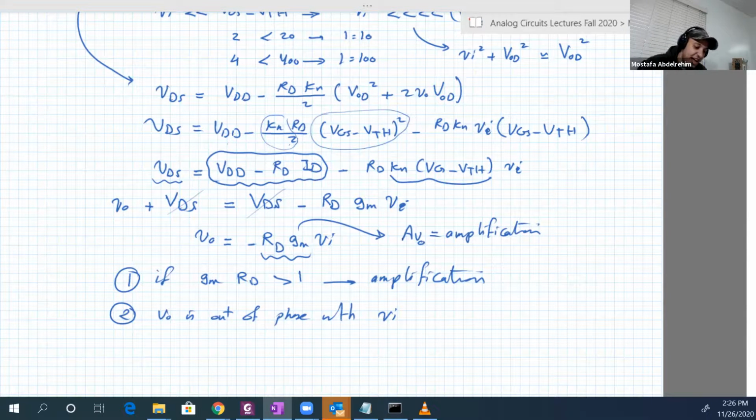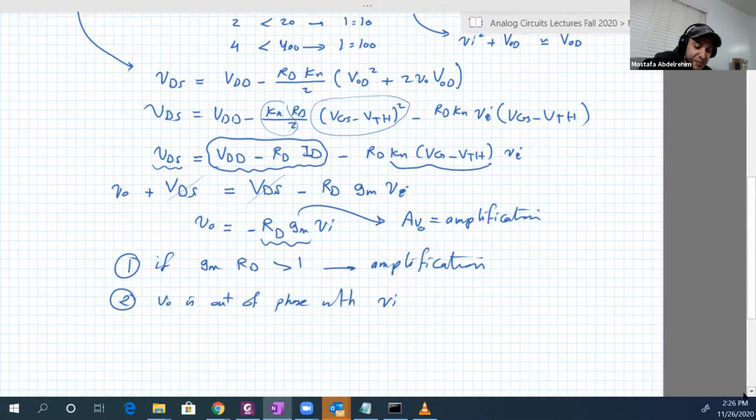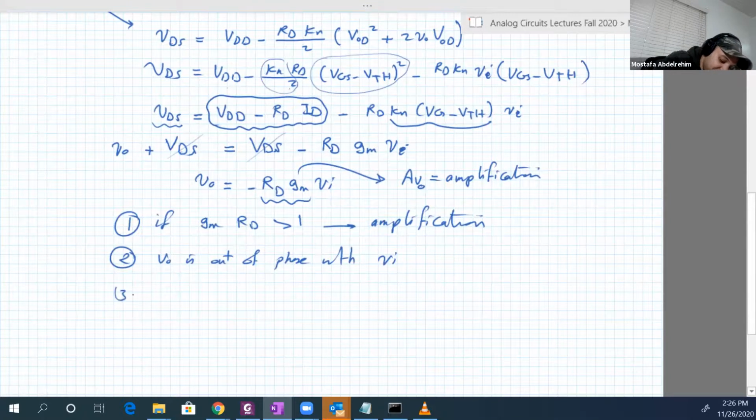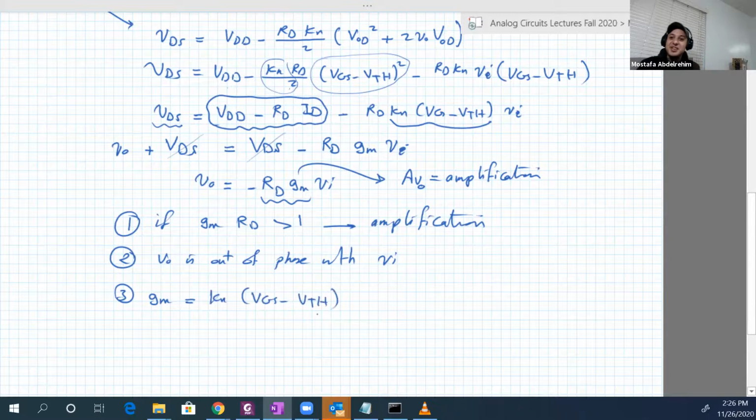Okay. And now this mysterious term, GM, which is equal to Kn (VGS minus V threshold). This is just like the GM of the BJT, although of course it has a different equation to be evaluated based on.